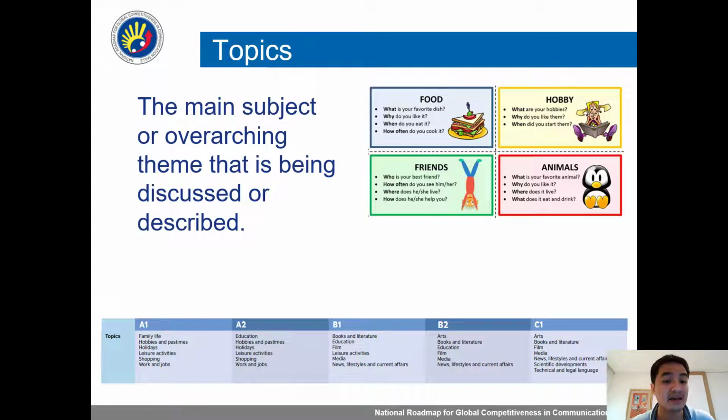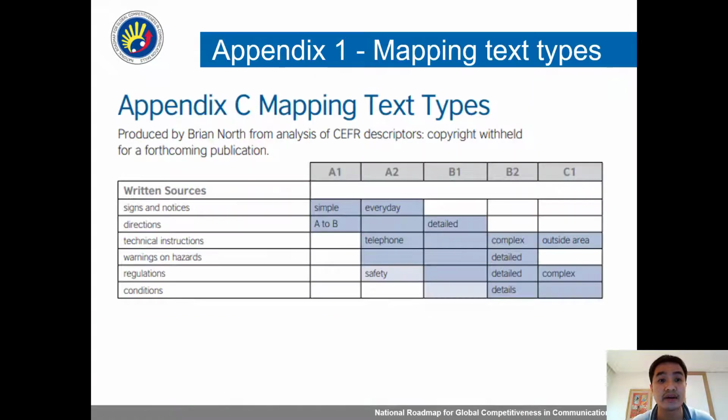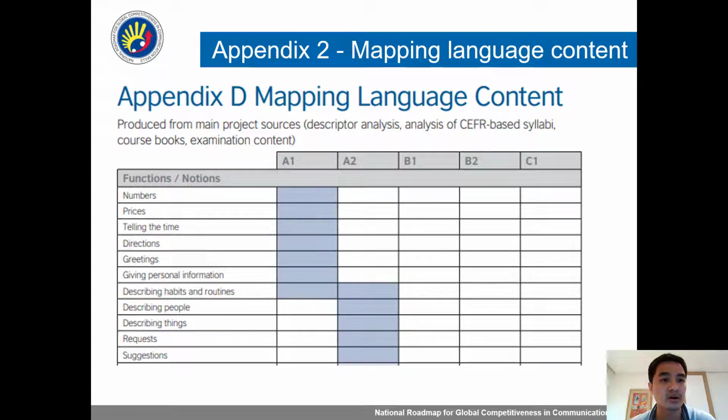And if you again download the EAQUALS document, you can even look at the appendices and they make it very easy to see. They list the different written sources. If you're an A1, you should be able to do this. If you're in A2, you should be able to do things like signs and notices that you see every day. So they discuss the different things. Even here, the functions, again, they make it look simplified.